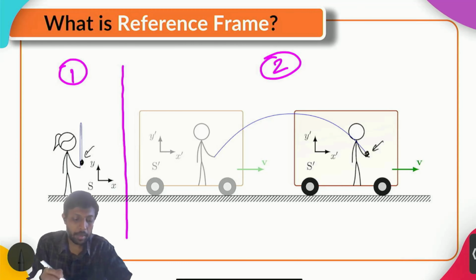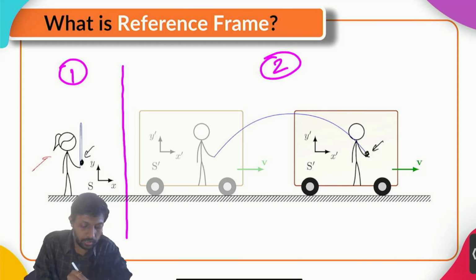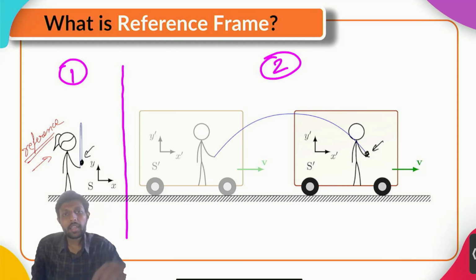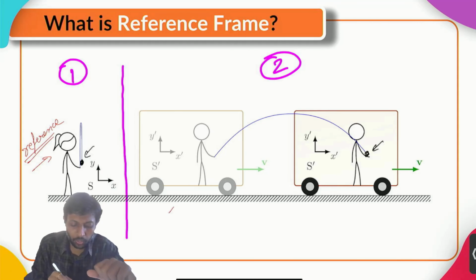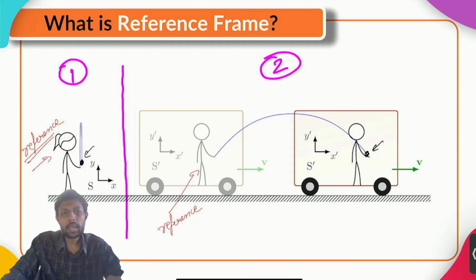In the first example, the girl is the reference. So let's mark that. The girl is my reference. In the second example, the boy is our reference.